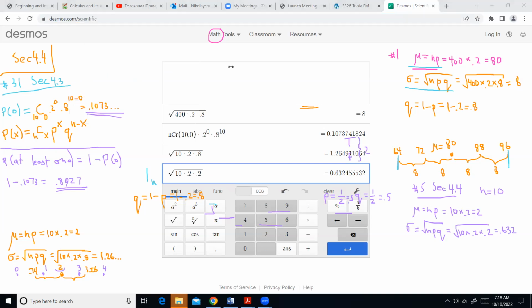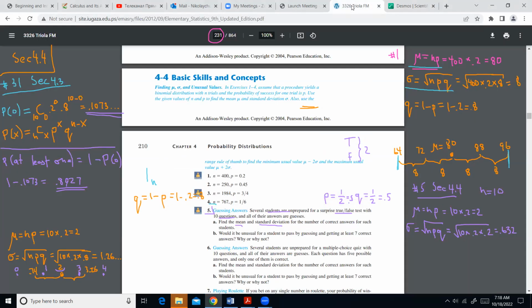In fact, in the next chapters, we will see that without this calculator, it will be hard to solve problems, because problems will have bigger things to calculate. So anyways, we found the answers to part A. We found the mean and we found the standard deviation.